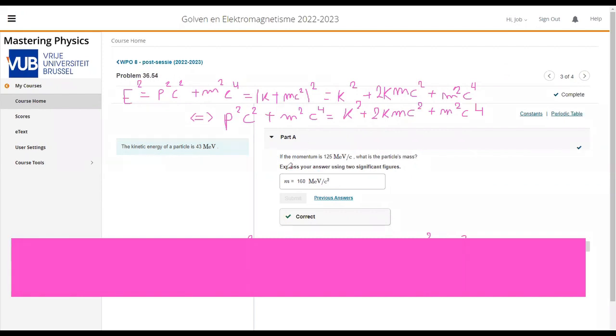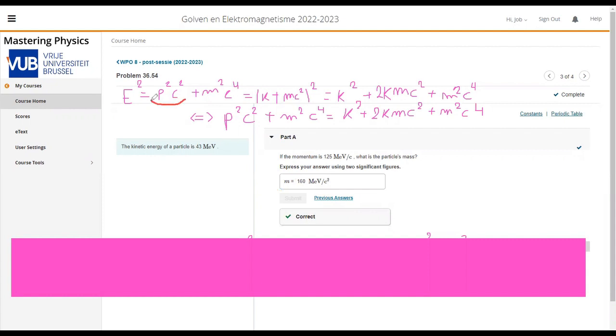Okay. Basically, we are searching for this letter, this mass. And how did I do it? I just knew that the particle itself has a total energy, and this energy is split into two different energies. Here you have the momentum, and you also have the rest energy.